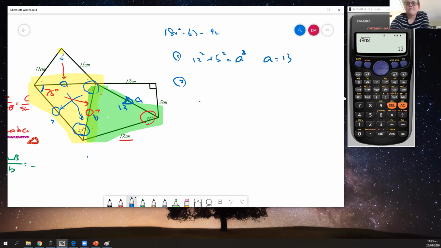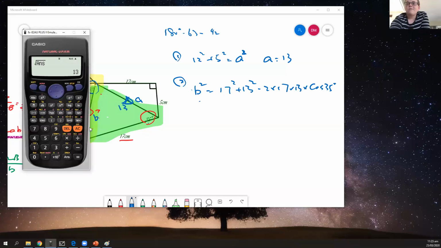Let's go with B. So hence, B squared should be equal to 17 squared plus 13 squared minus 2 times 17 times 13 times cosine 35 degree.